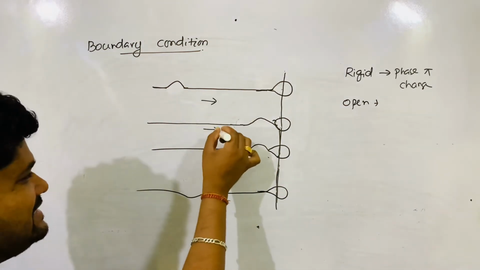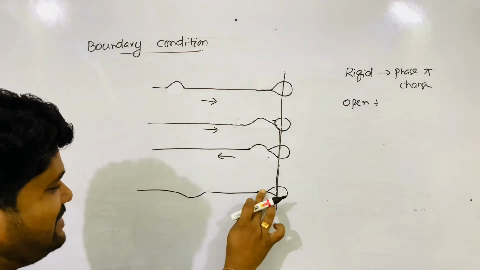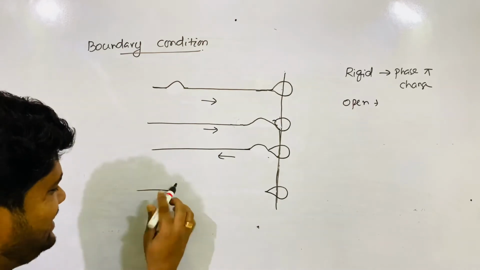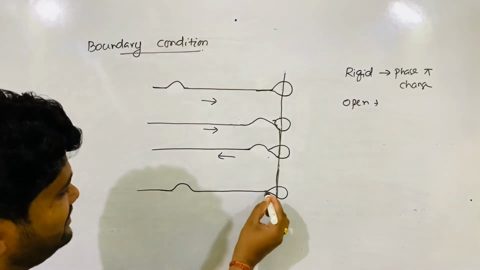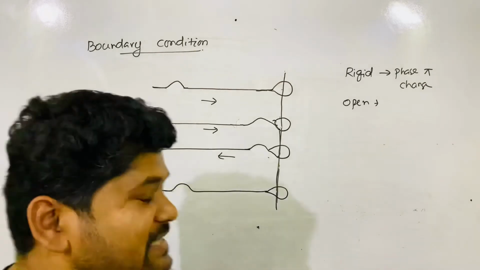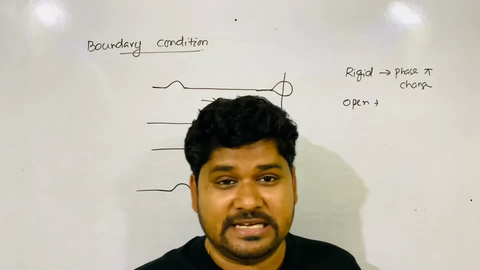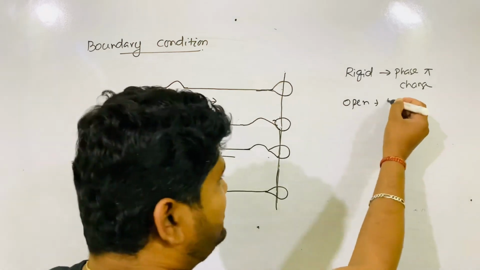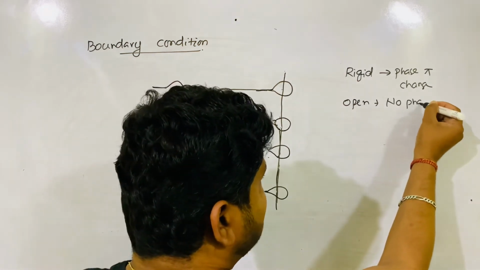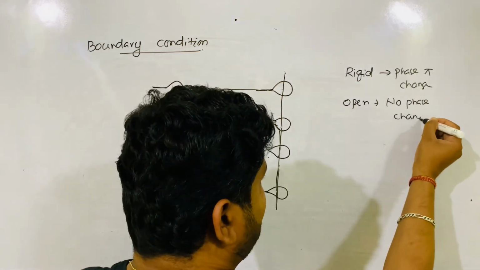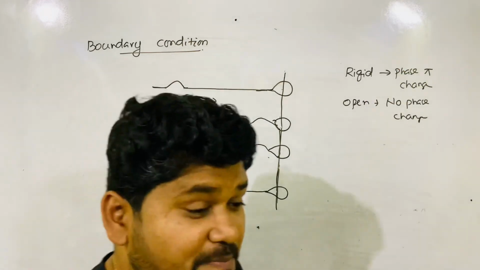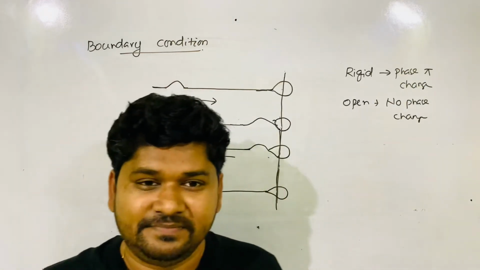This is the incident, and the crest also returns back from there. Is there any phase change? No phase change. Remember, on an open boundary there is no phase change when the wave gets reflected.